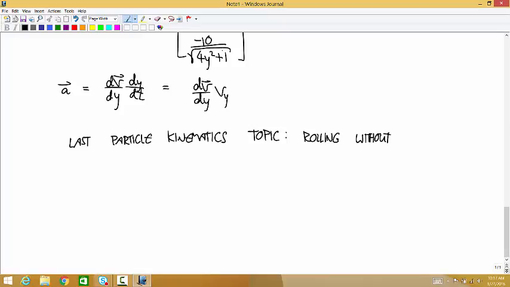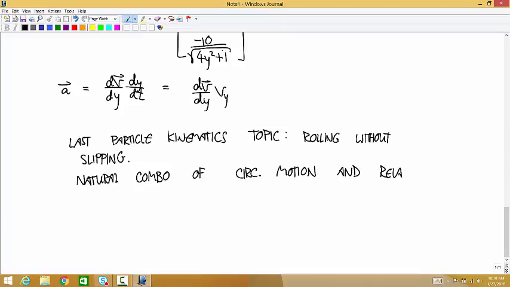We'll come back to this when we start talking about forces and rigid bodies. And it's a natural combination of circular motion and relative motion.